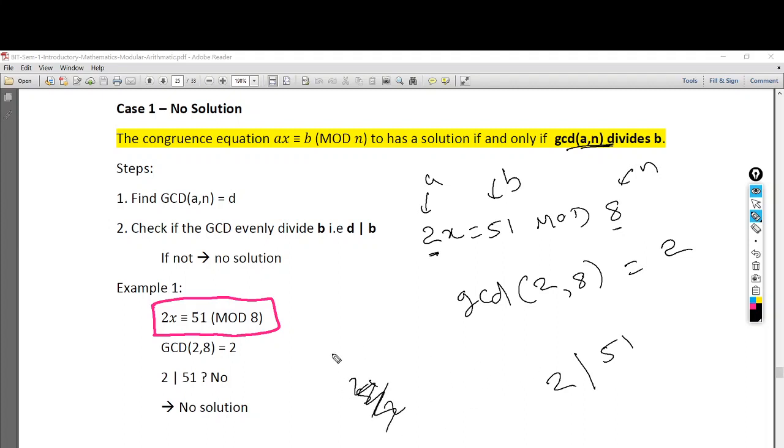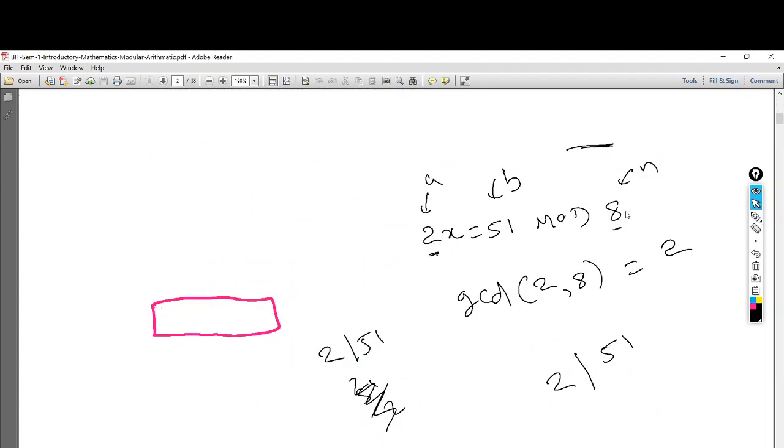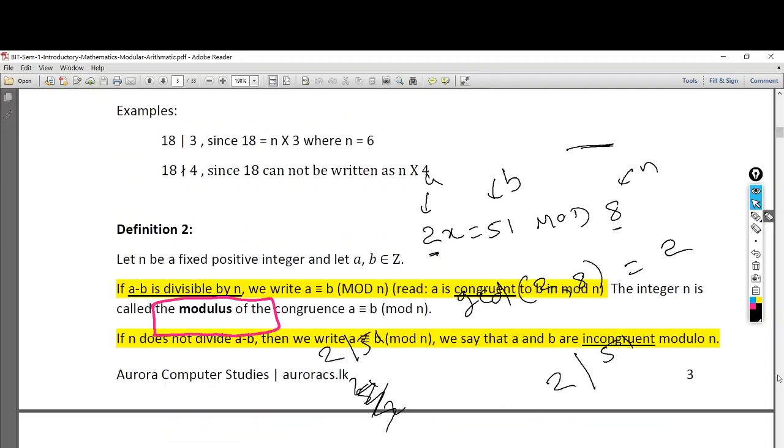Remember the notation we used on the very first day: a divides b, or b is divisible by a. I am using that notation.